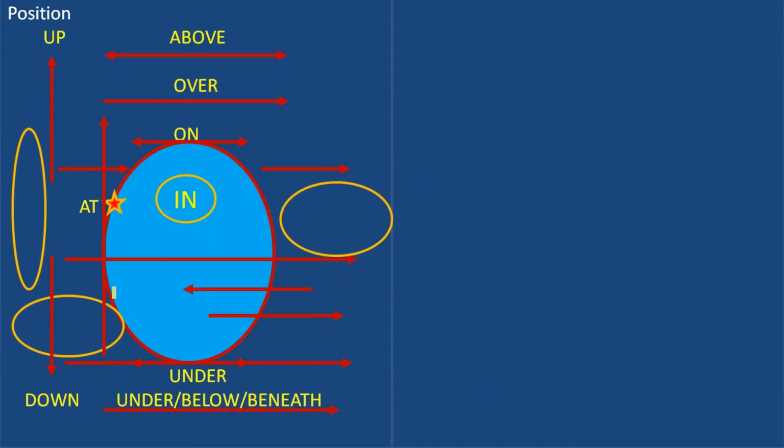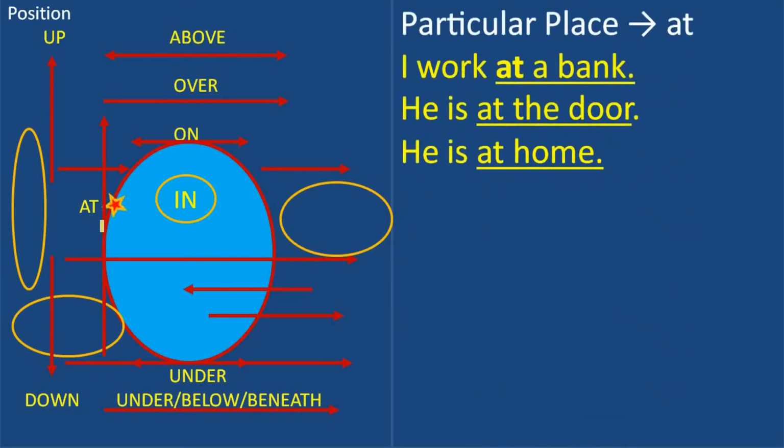Next, if something's position is fixed and it is in a particular place, that time we will use at. When I work at a bank, there is a big circle, but the asterisk is in a fixed position. If something is in a particular position, we will use at.